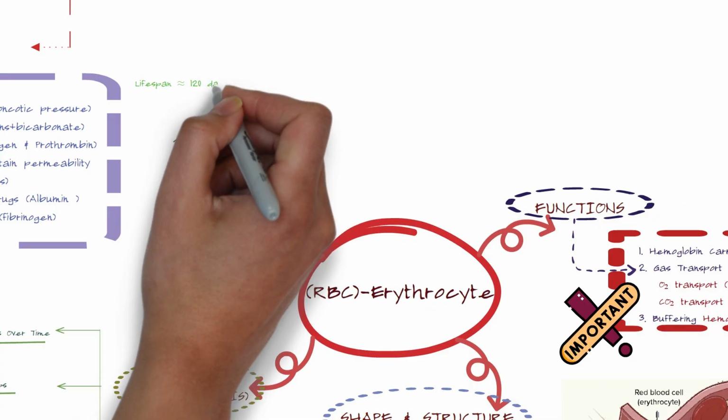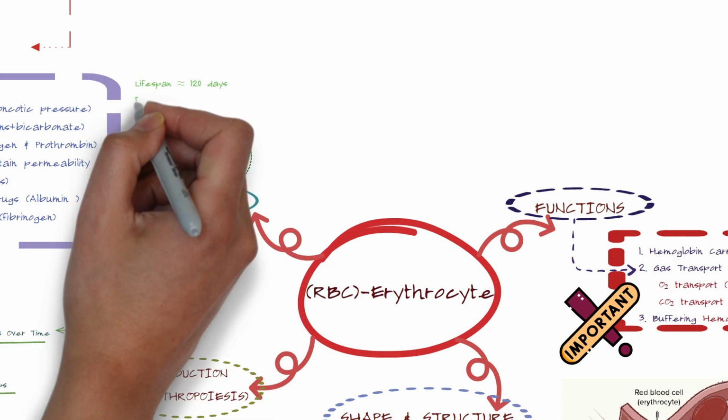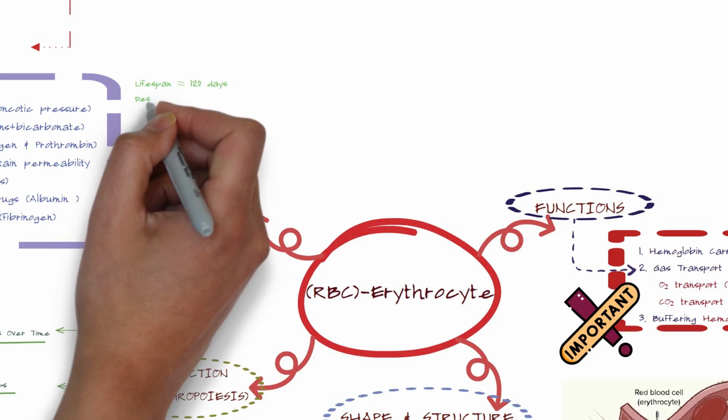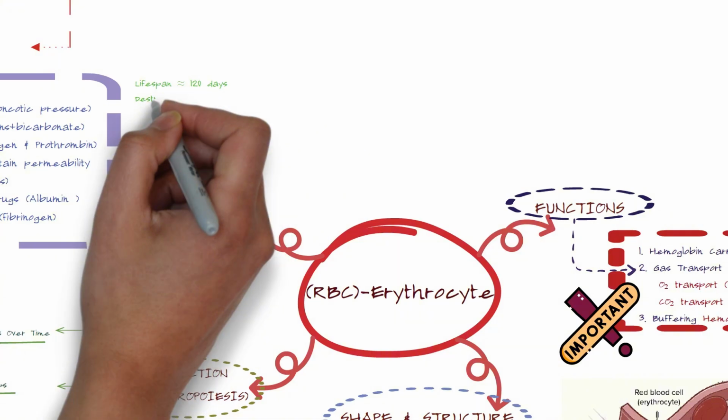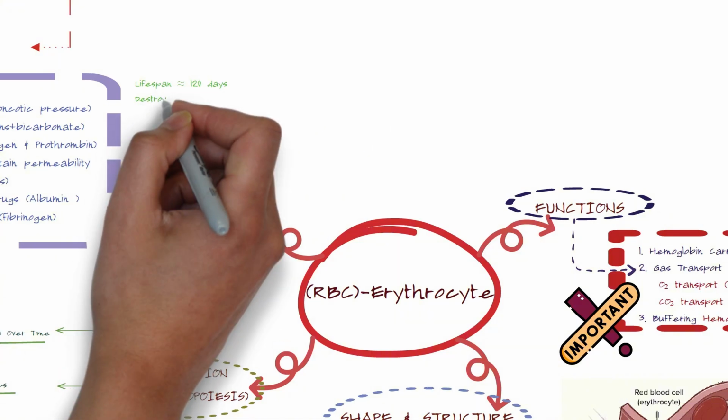So that's why they die after 120 days. They are destroyed mainly in the spleen and in the liver, and both organs have macrophages which recognize and remove the old damaged RBCs.